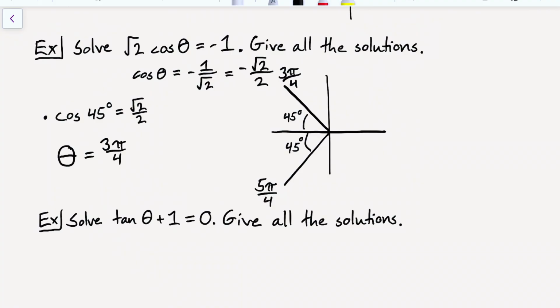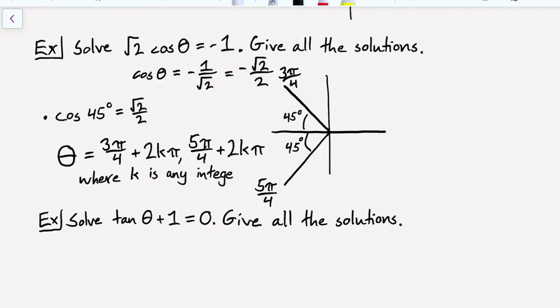If I advance by a factor of 2 pi, I have revolved the whole way around the circle and come back to the same terminal angle. So we're going to say 3 pi over 4 plus 2k pi and 5 pi over 4 plus 2k pi, where k is any integer.